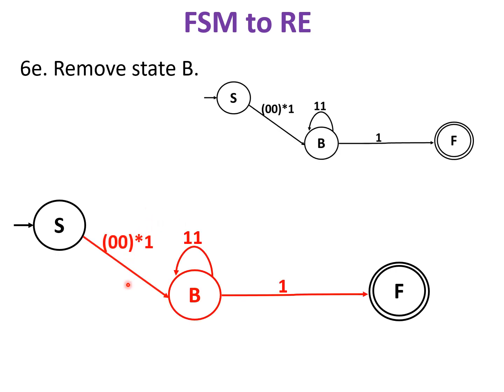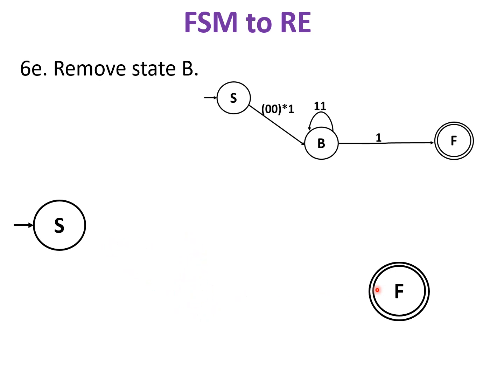Last is to remove state B. State B has an incoming transition from S, a self loop and an outgoing transition to F. On eliminating state B and all its transitions, we get a direct transition from S to F with the regular expression 0, 0 whole star 1, again a self loop 1, 1 whole star, followed by a 1 reaching the final state.